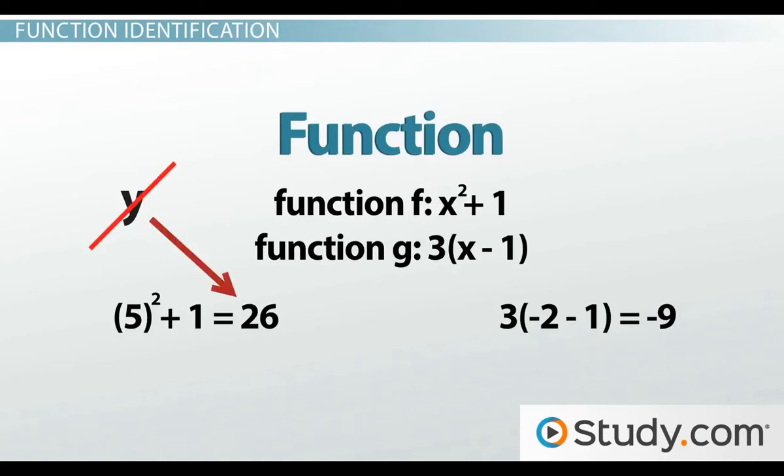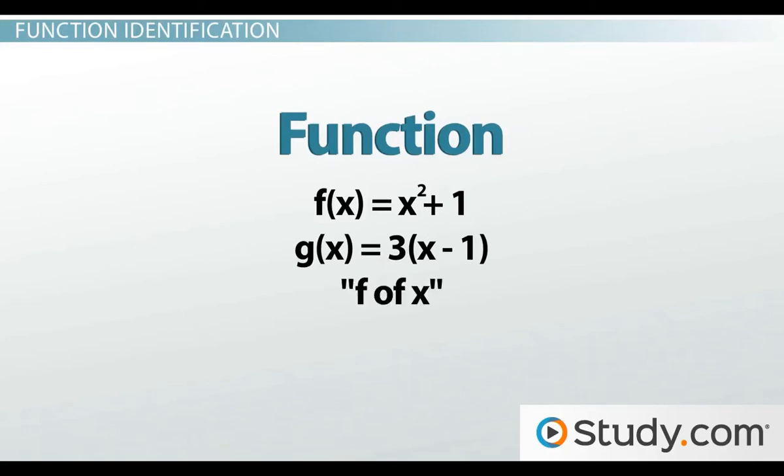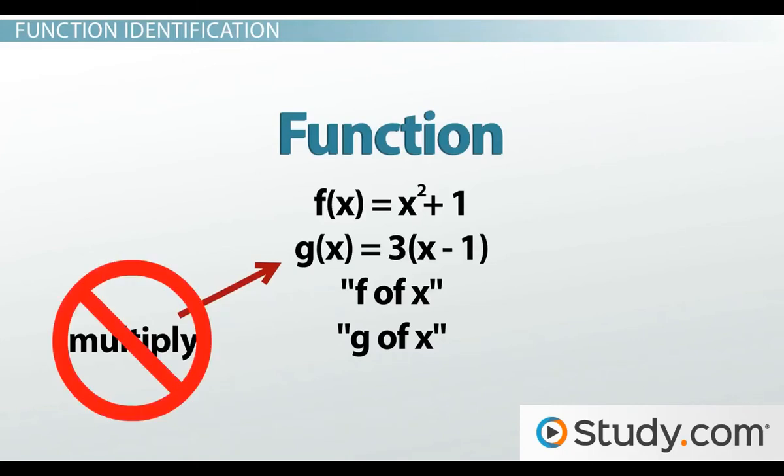Okay, so instead of calling the outputs y, the outputs from the f function will be called f of x, and the outputs from the g function will be called g of x. Notice that I'm saying f of x, or g of x. I'm not saying f times x. It can be easy to see the parentheses and think multiply, but if it's an f or a g, resist the urge.